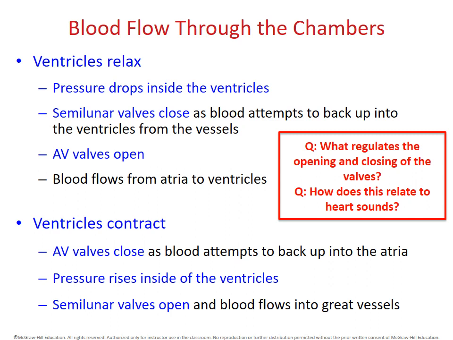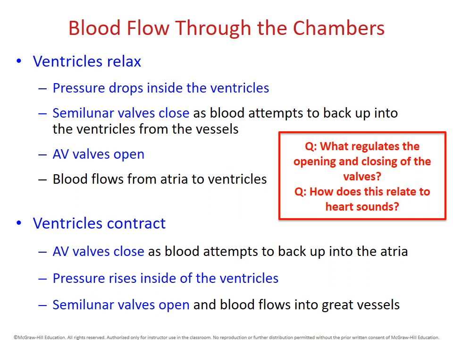At a certain point, the pressure within the ventricle is lower than the pressure in the atrium, which is the chamber above it, right? And whenever the valve between the atrium and the ventricle, your AV valve, notices that the pressure in the atrium is higher than the pressure in the ventricle, the valve will open up and blood will go rushing into the ventricle.